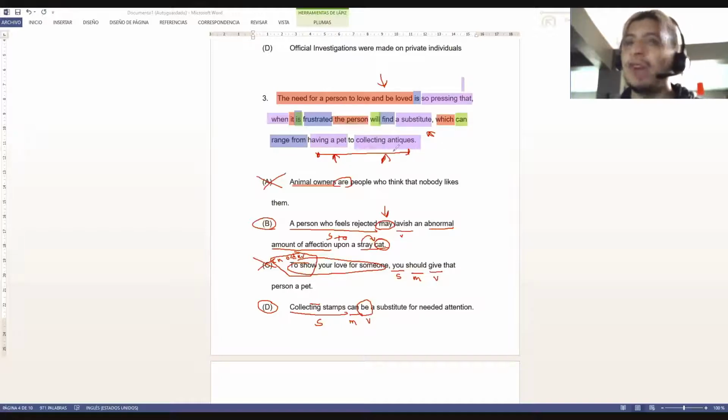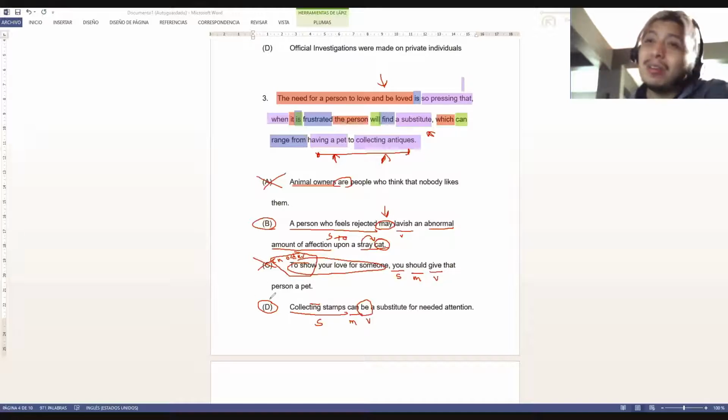Again, this is a range. Maybe you have a pet, maybe you collect stuff, maybe you get attached to something else. These are just possibilities, okay? So in this case, we can infer that a person who feels rejected may show a lot of affection towards a cat, a stray cat.